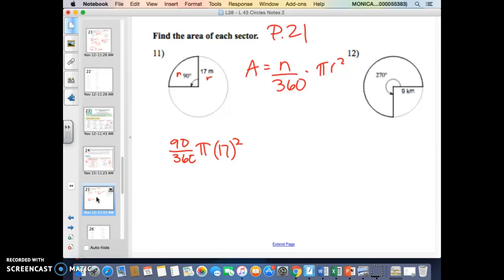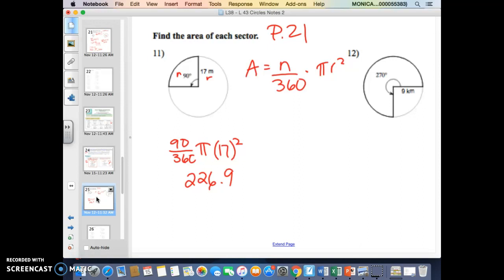When you get your calculator out and type it in, 90 divided by 360, enter, times 3.14 times 17 squared, you end up with 226.9. So it's about 227.